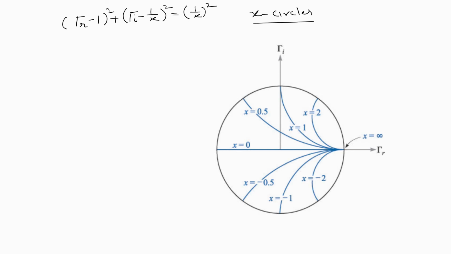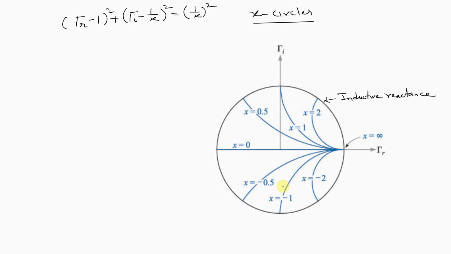Here the value of x may be positive or negative. If it is positive, it will remain on the upper side of this gamma R axis, and this upper side is called inductive reactance.